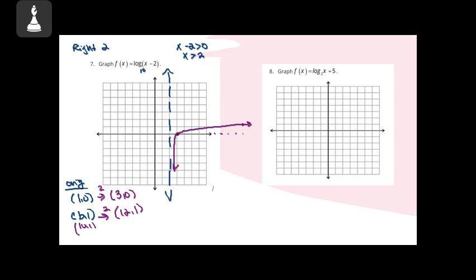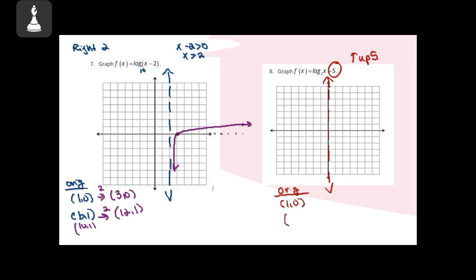All right, next one, log base 2 of x, plus 5. This plus 5 tells me I'm shifting up 5. So we're not changing anything as far as where we cross. The original graph would have the points (1, 0) and (b, 1), so that would be (2, 1).